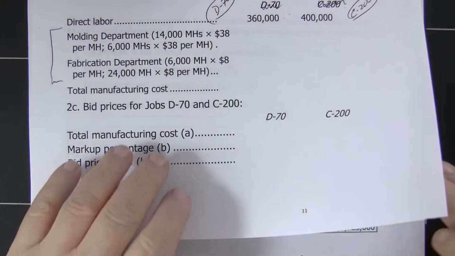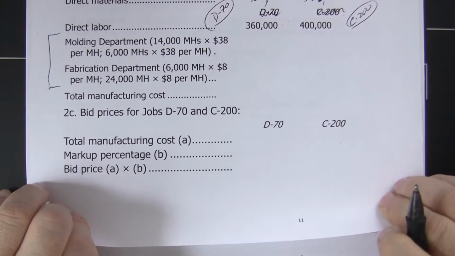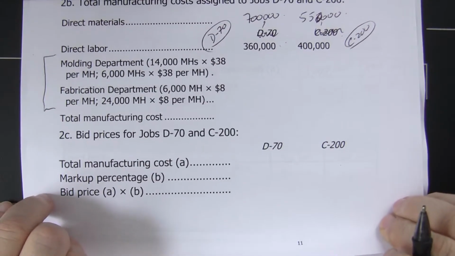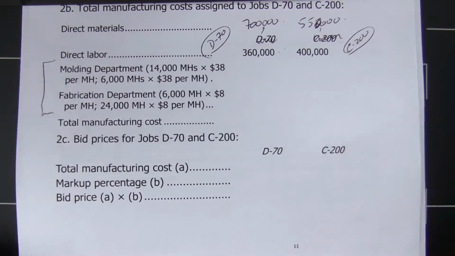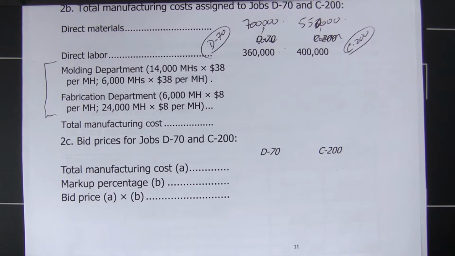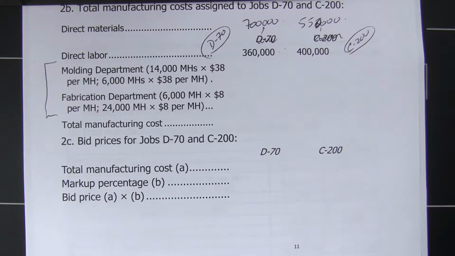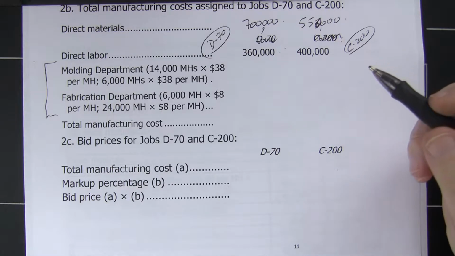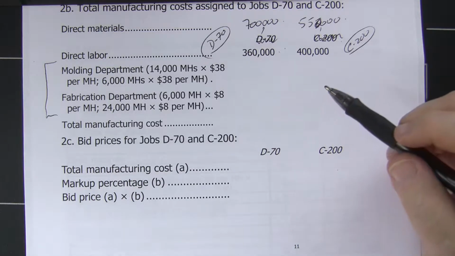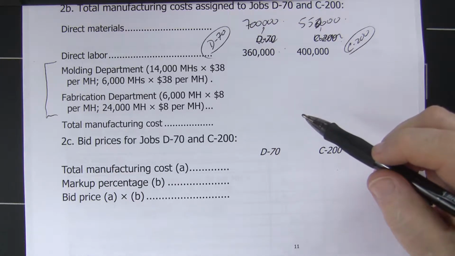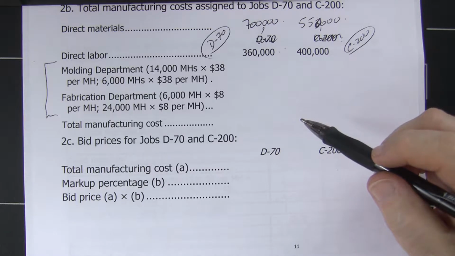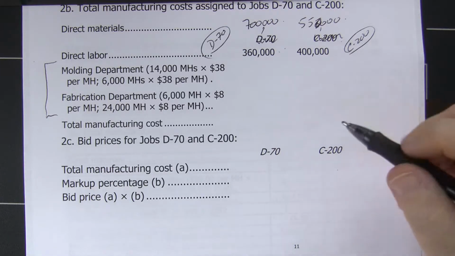And let me pull that down a little bit so you can see all the numbers. There we go. So, the molding department, we're told that job D70 used 1,400 hours at $38 per hour.